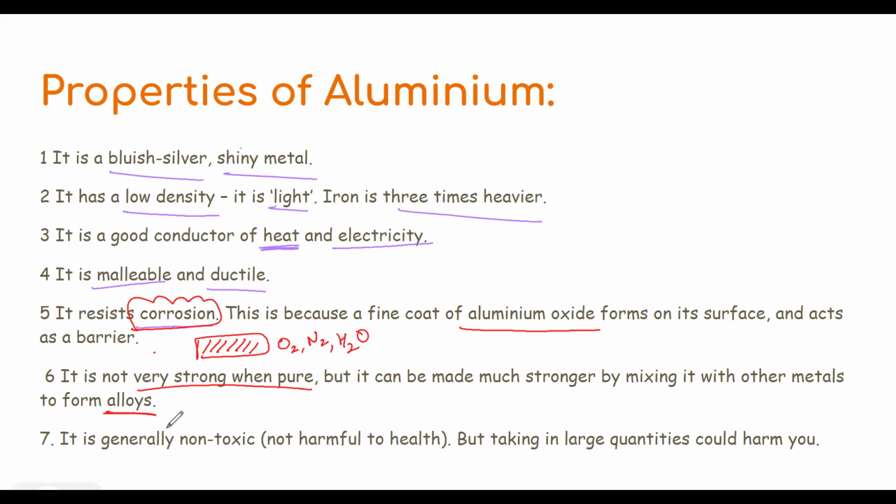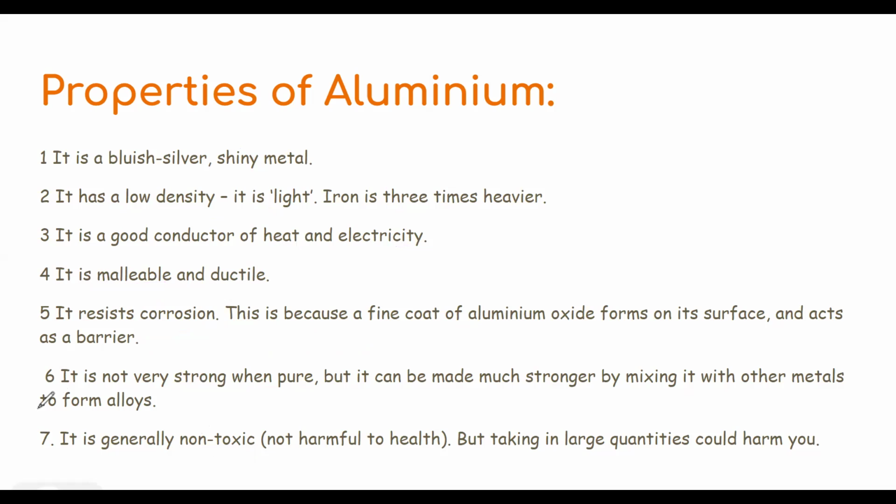So to change the properties, we mix aluminium with other metals. It is generally non-toxic. This is true. Aluminium is non-toxic, means it's not harmful to health of living beings, but we need to be cautious. When taken in large quantities, it can harm us. It can harm our brain and bones. Yes, so we should not let a very much intake of aluminium.